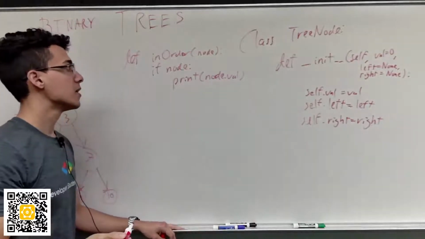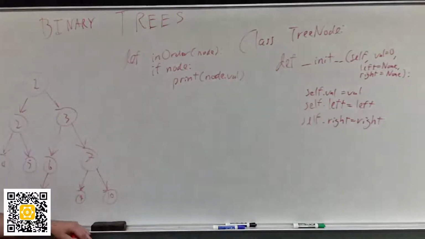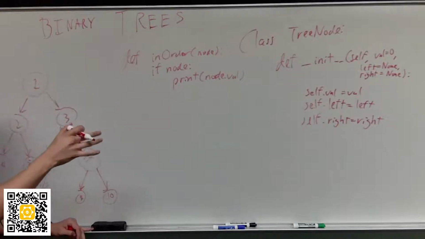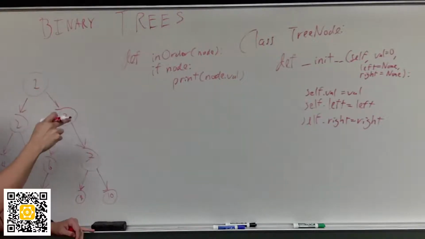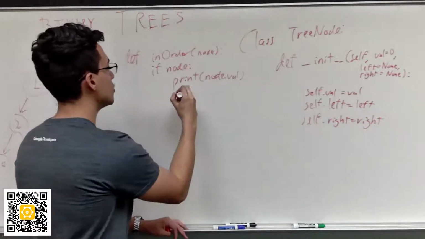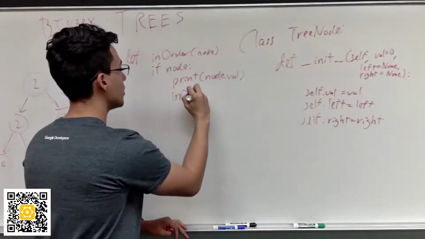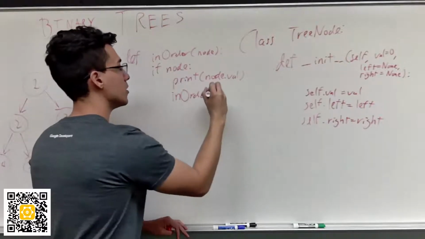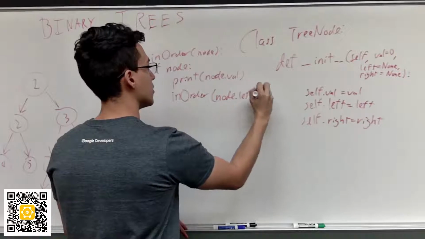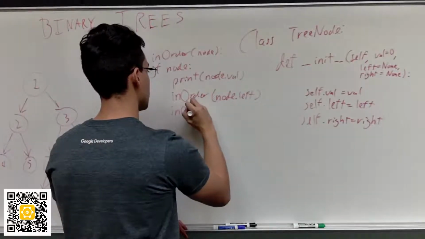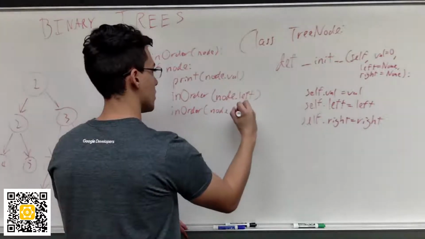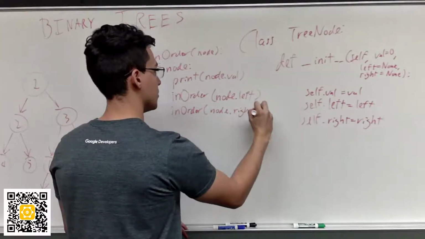Okay? And in order basically does the parent first and then the children, in the order of parent, left, right. So after you print node value, you would recursively call in order on node.left, node.right. Okay?